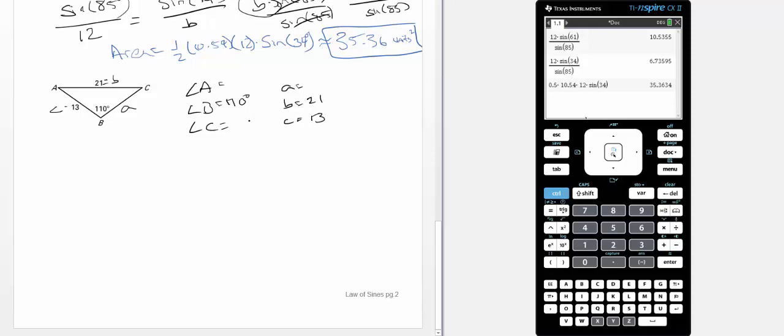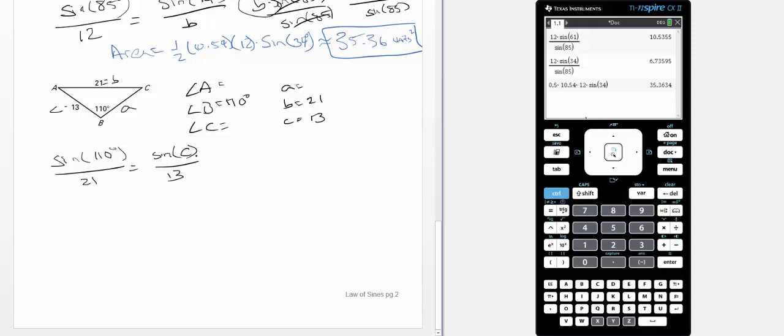I think the first thing we need to find is what angle C is. According to our law of sines, the sine of an angle divided by its opposite side is always the same. So I know that the sine of angle B over the side it's across from is equal to the sine of angle C over the side it's across from.